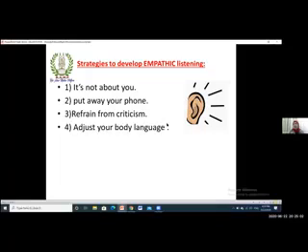Adjust your body language. As you mentioned, body language is very important. Eye contact is very important. Facial expression is very important. That will show that you are listening well, listening carefully to him.